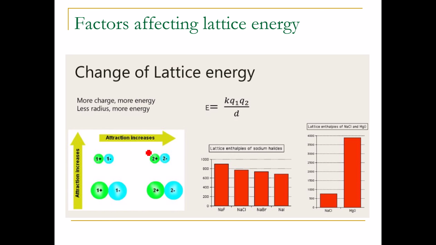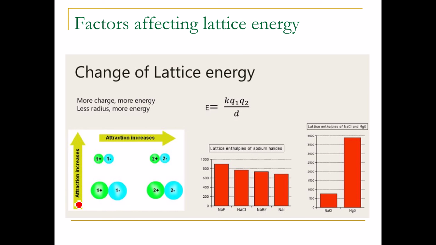Based on our two properties, as the charges increase, so +1 -1, +2 -2, or +3 -3, as the charges increase, either both or separately, the attraction increases, and therefore the lattice energy increases. So the top of our fraction over here gets larger, the energy gets larger.